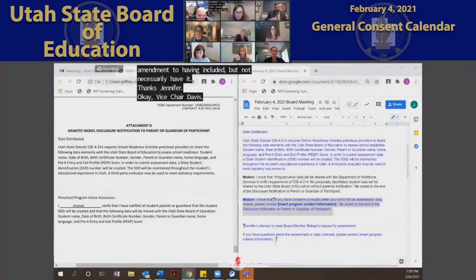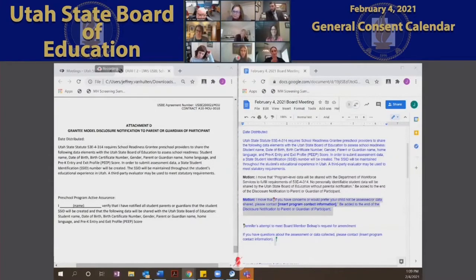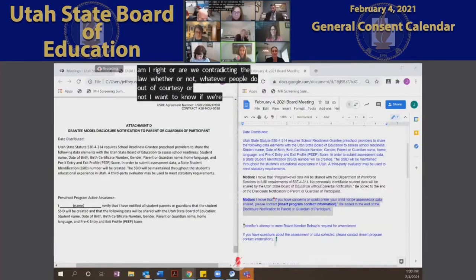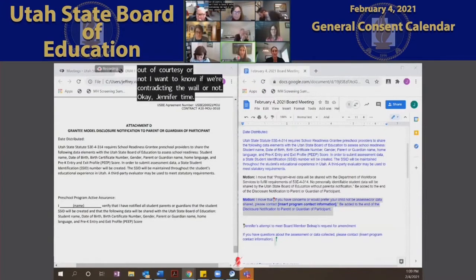Whether or not, whatever people do out of courtesy or not, I want to know if we're contradicting the law or not. Okay, Jennifer Thompson. That's a great question, and I appreciate your conscientiousness about that. The law states for the programs that they are required to administer this assessment. So as long as the provider takes the attempt to deliver this assessment to all students, makes their best attempt, and does that, we are meeting the law in terms of what's required.